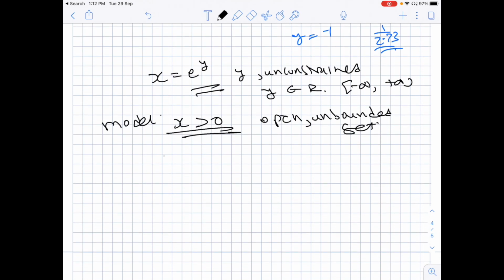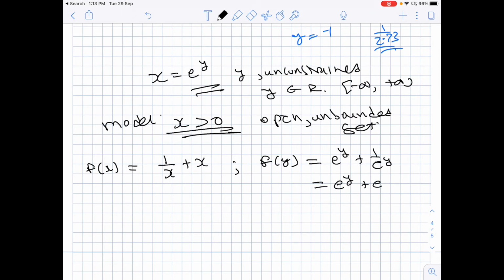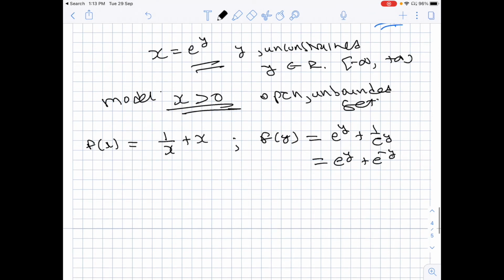Then with this modeling, f of x is taken to be 1 by x plus x. What is f of y now? You can define another function, g of y, or you could call it f of y itself, I'm just using the notation. This will become e to the power minus y plus e to the power y.